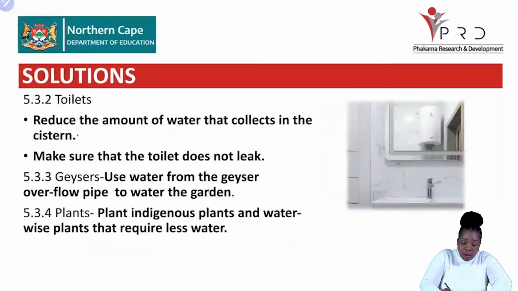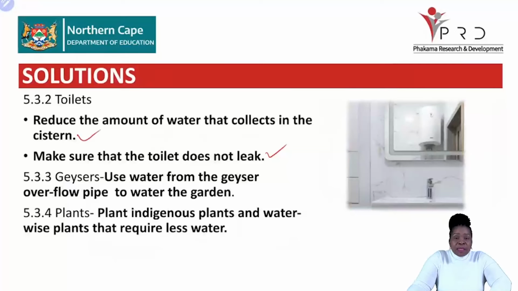And then we must also make sure that the toilet does not have a leak. You can also change your toilet and use what we call a dual flush system, whereby when you just pee, you can use less water, the smaller button, and then the other button for the other stuff, right?